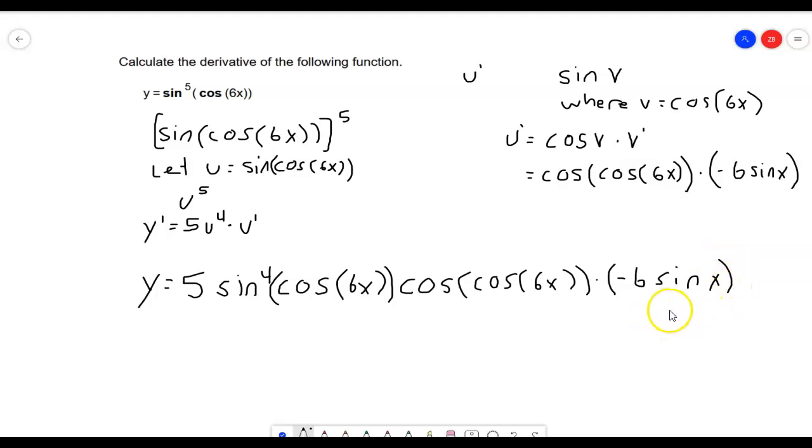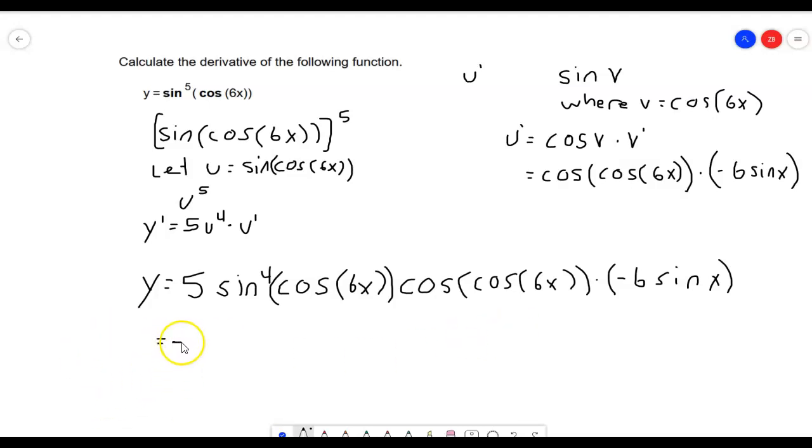Finally, not much of this can be combined because there are lots of different angles, except for the negative 6 and the 5. Because I am a slave to pain, I will do that.